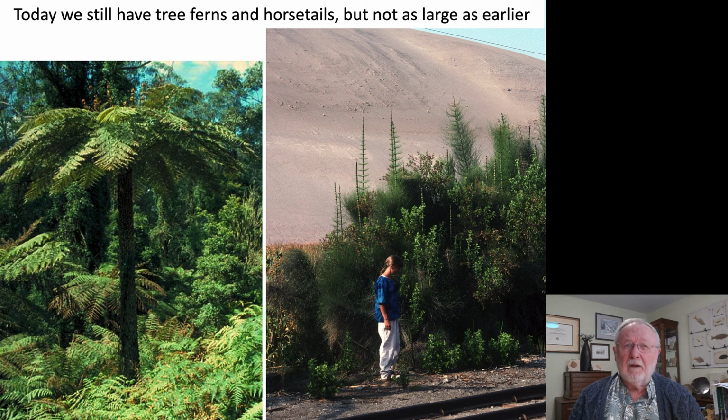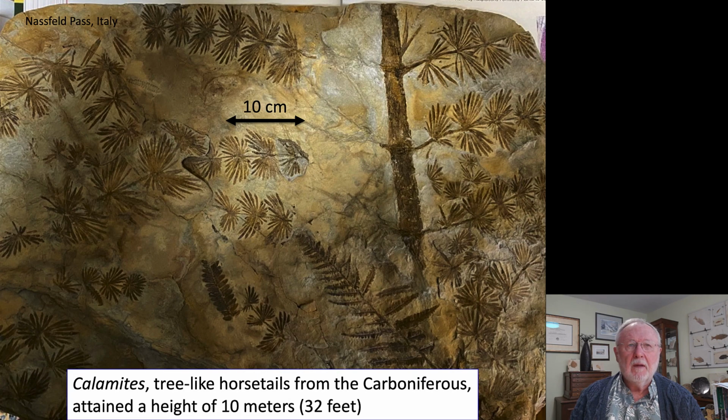Today, we still find tree ferns, and we can still find horsetails, but they're nowhere near as large as they were 300 million years ago. Once again, here's a picture of Calamites, a fossil that I have in my office here at home, showing these giant horsetail-like plants from the Carboniferous that reached heights of 32 feet.